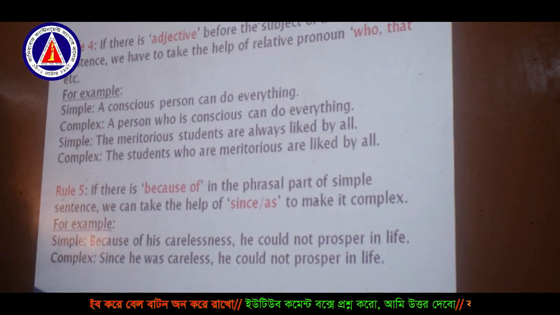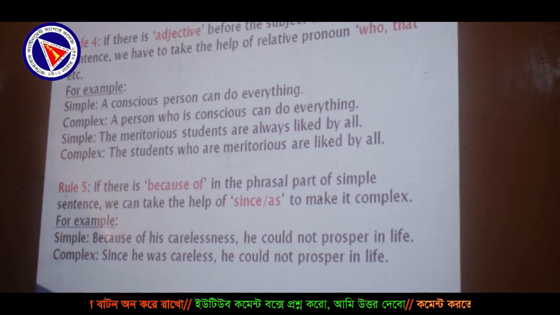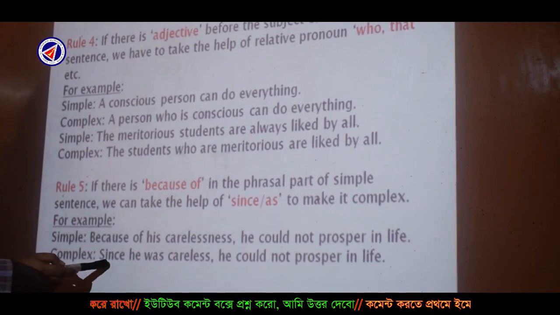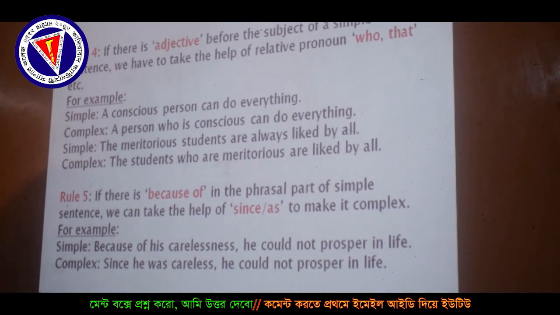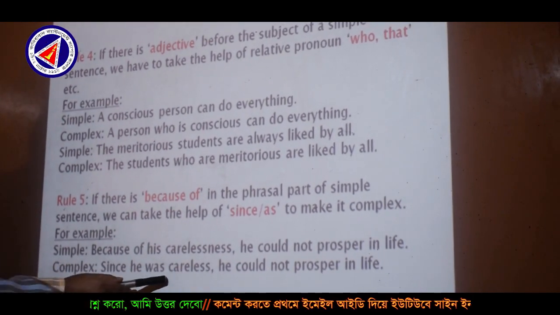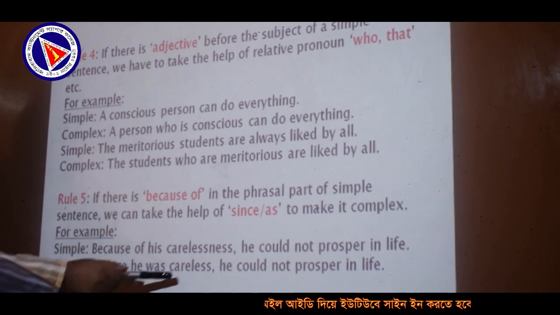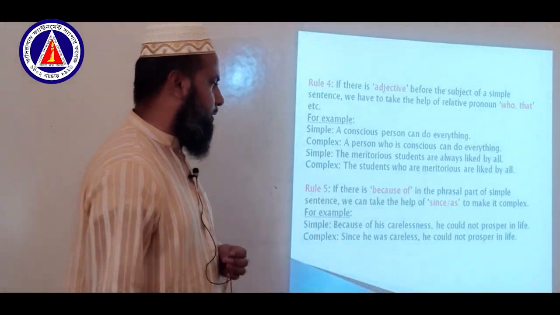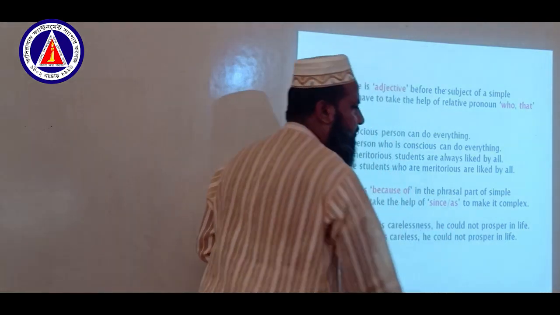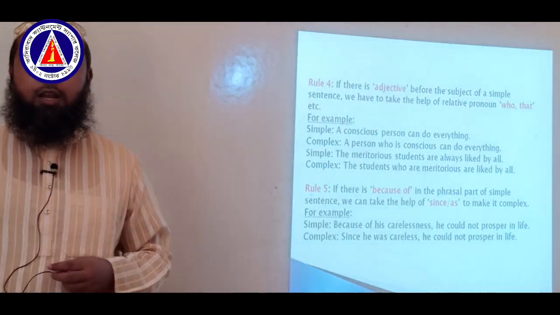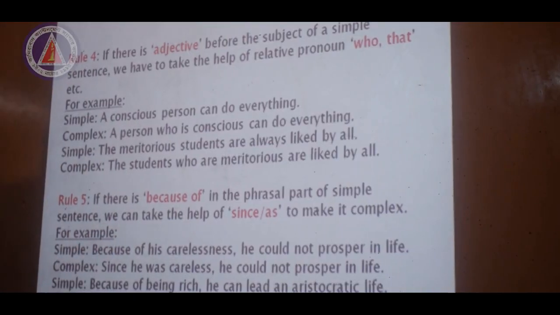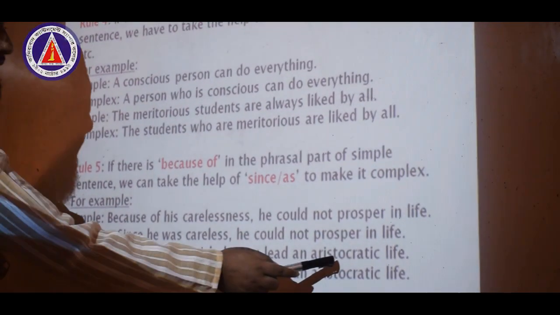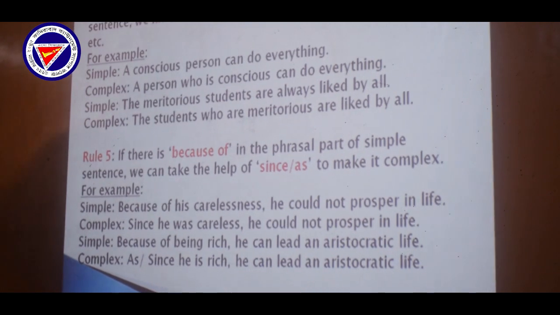To make it complex: Since he was careless, he could not prosper in life. Here "because of" becomes "since". "Since he was careless" is the subordinate clause, but "he could not prosper in life" is the principal clause. Another example: Because of being raised, he can lead an aristocratic life.